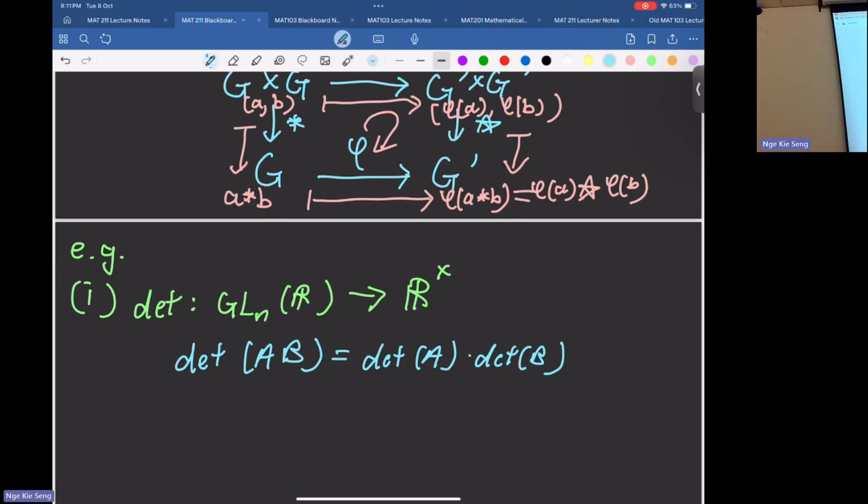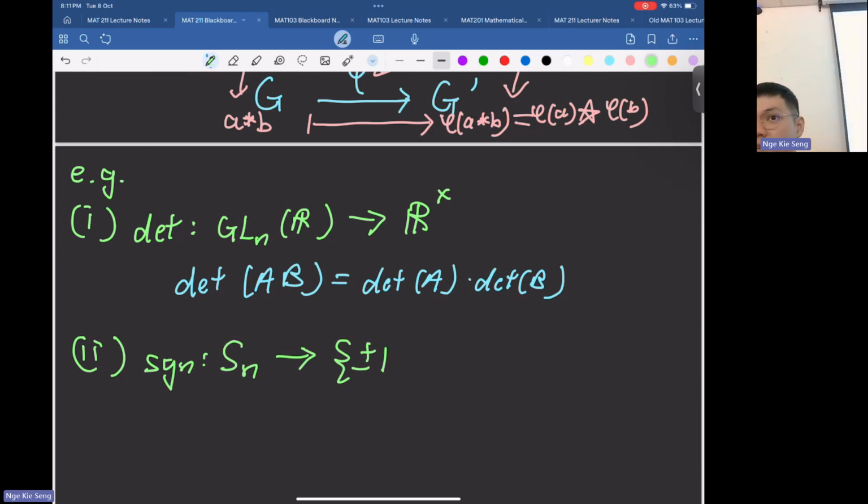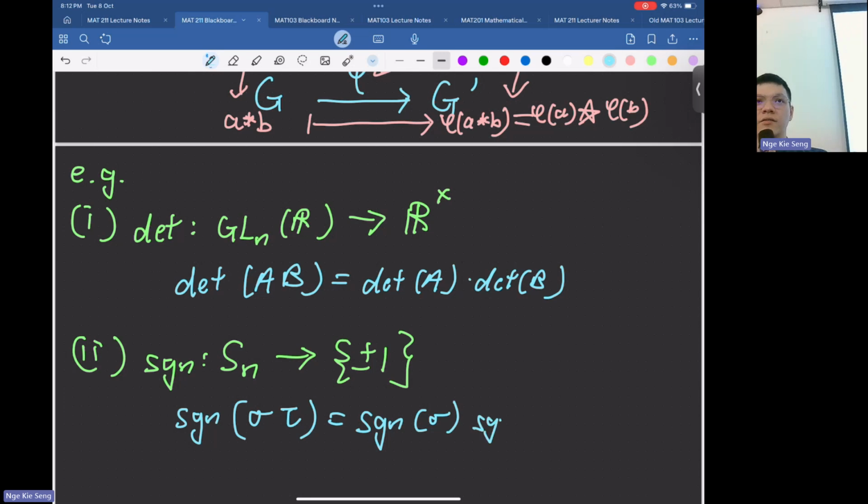Does it make sense? What else? You also can show that the sign function that we define from S_n to plus minus 1 is one. If it is an even permutation, then it is plus 1. If it is an odd permutation, it is minus 1. But does it satisfy that sign of sigma tau is equal to sign sigma times sign tau? Is it true or not?